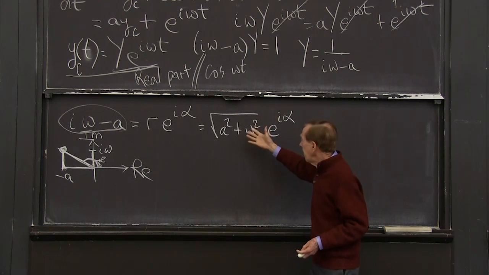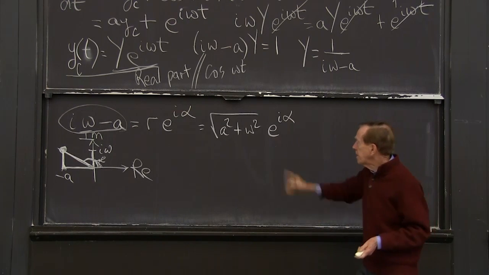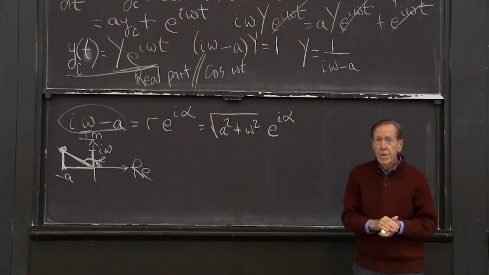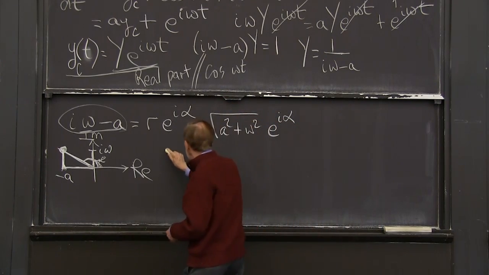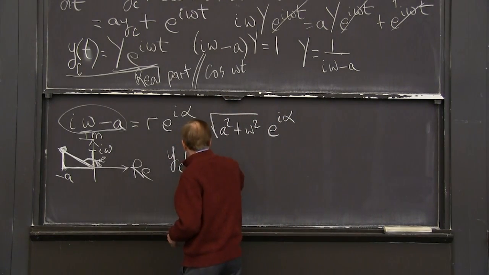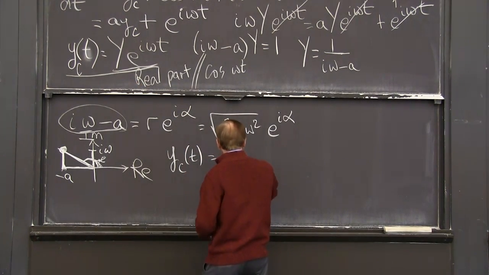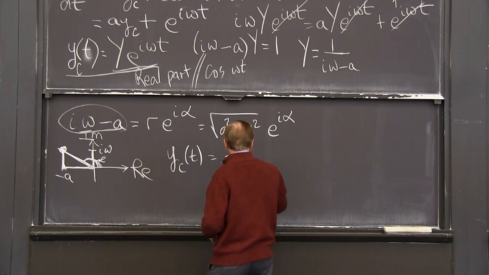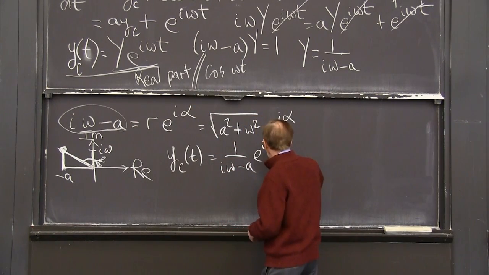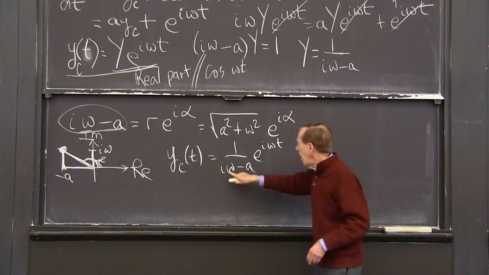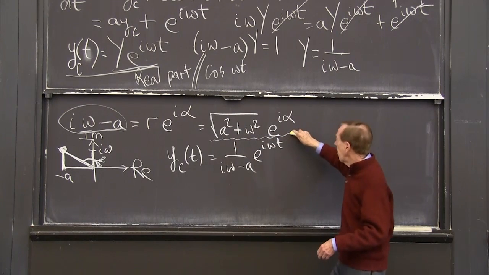Okay, so now I had to divide by that. That's why I like this form. Dividing by it, so now I'm ready to put in my complex y. Y complex was this y, which was 1 over I omega minus A, times e to the I omega t. That's what we had. But now I omega minus A we have in this nicer form.